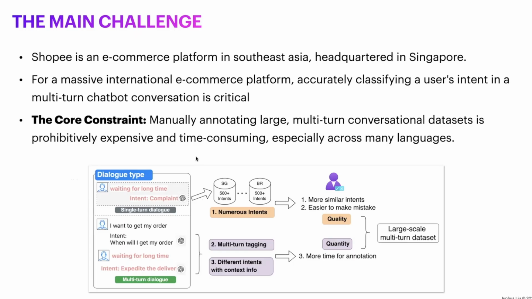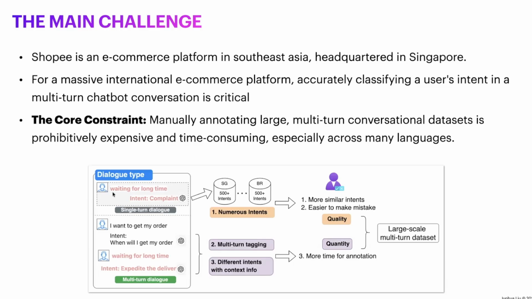This becomes a very crucial task, but it's very challenging to solve. Why? Because knowing the intent is hard. It requires a lot of manual labeling. Internally, Shopee has quite a large number of intents, but they are all singleton.